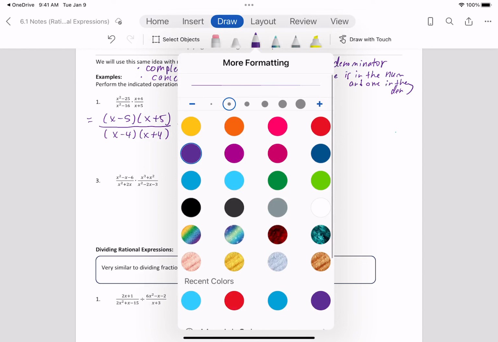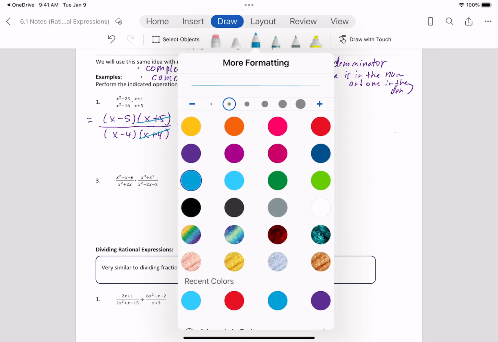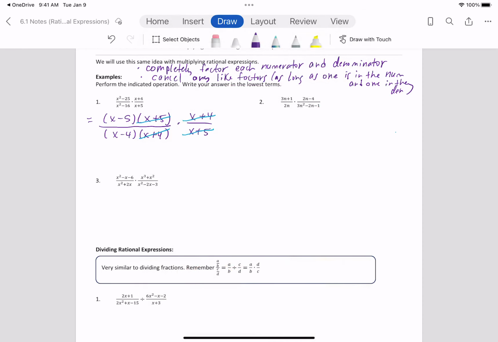So now we can go through and cancel any like terms. So I see an x plus 5 and an x plus 5. And I see an x plus 4 and an x plus 4. And that's going to leave me in the numerator with an x minus 5 over an x minus 4.